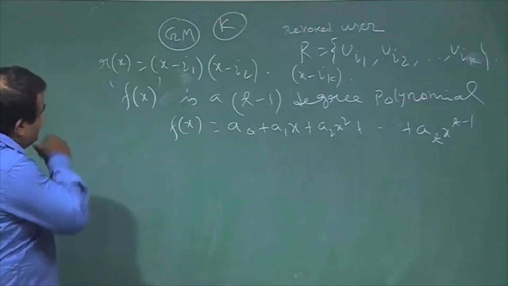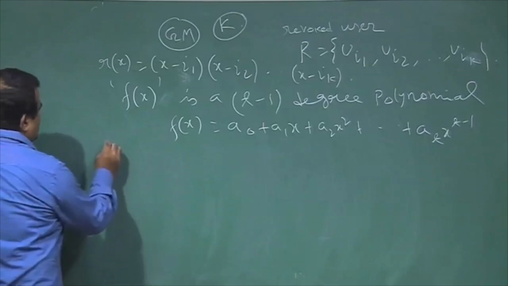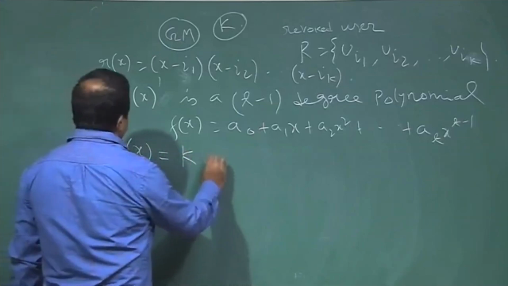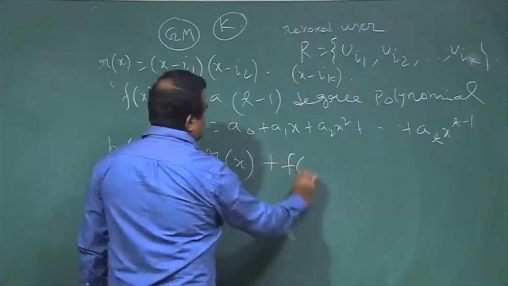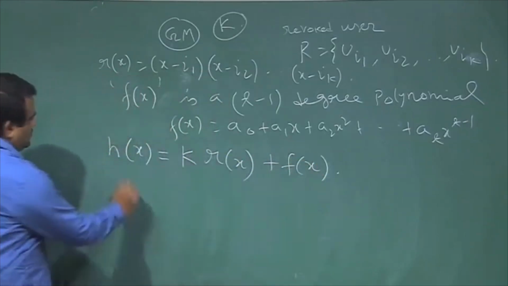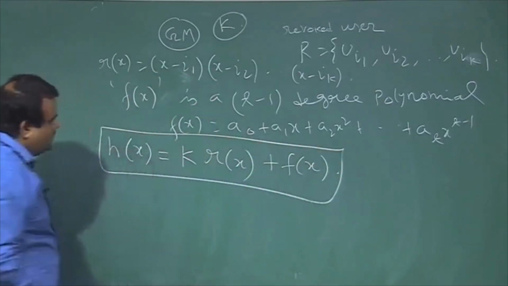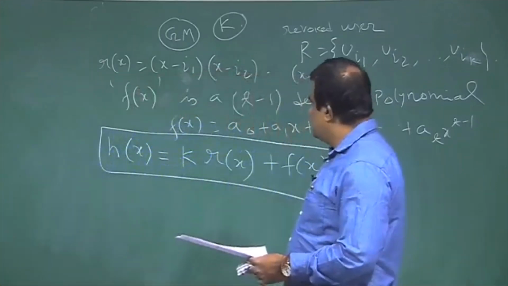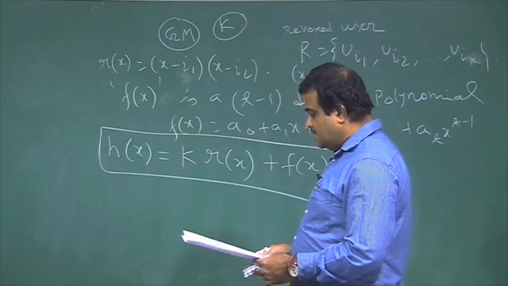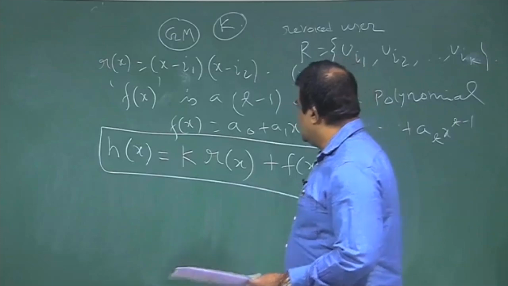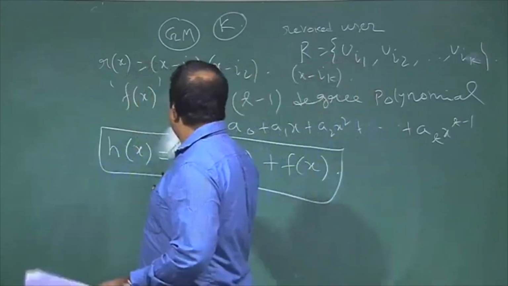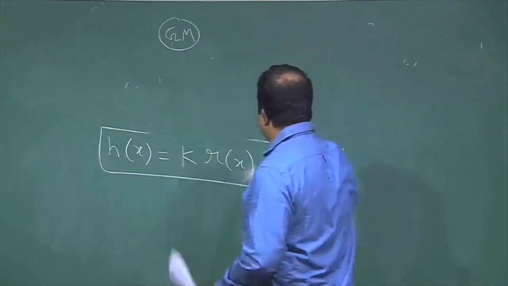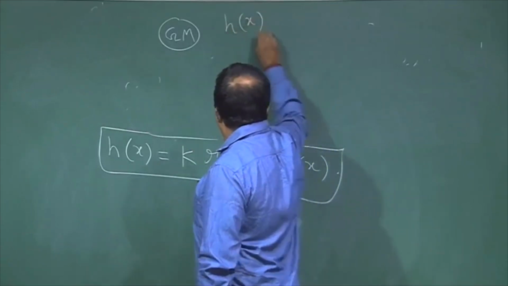So what will we do? The GM will compute the session key k masked with the revoked user polynomial plus f(x). So the GM is calculating this polynomial, h(x), and this is also a degree t polynomial.